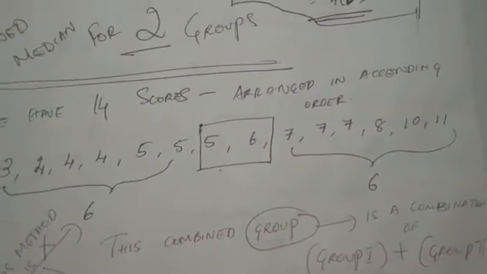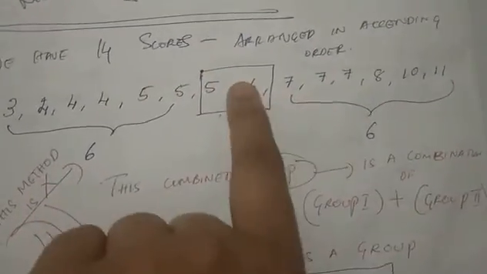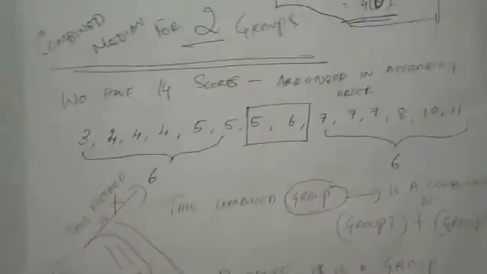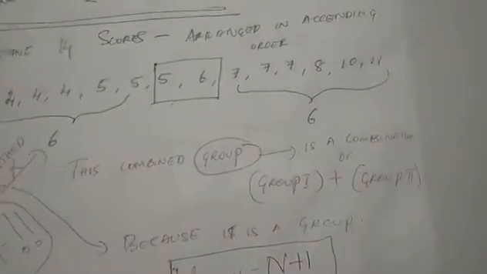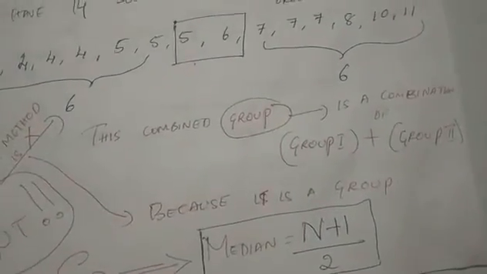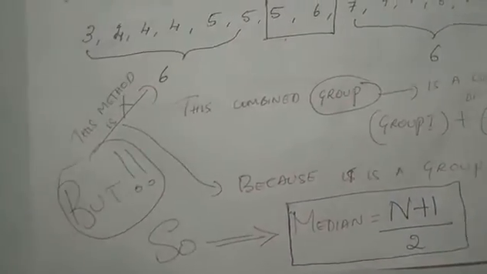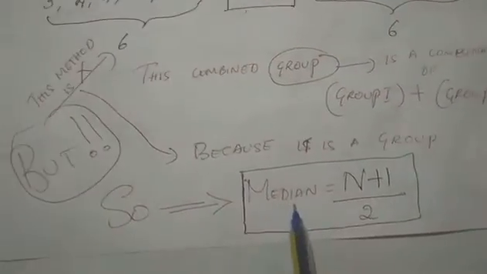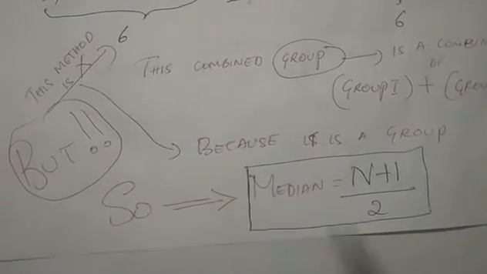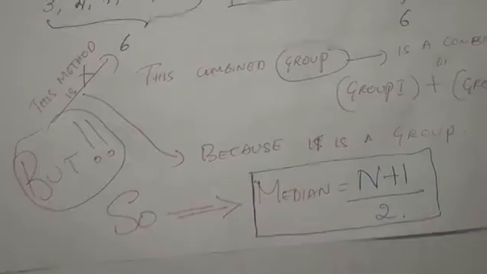Again, this being an even number, 14, we will have two mid scores, that is 5 and 6, but we will not be using this method as this is a combined group of group 1 and group 2. So you cannot make use of 5 plus 6 divided by 2 here, but you can use this formula, as this is the median for the combined group, n plus 1 by 2.